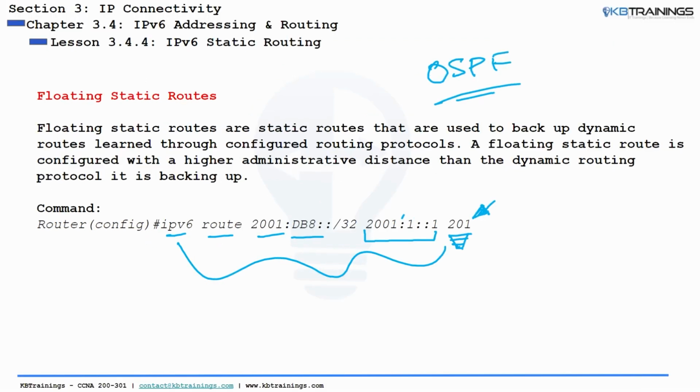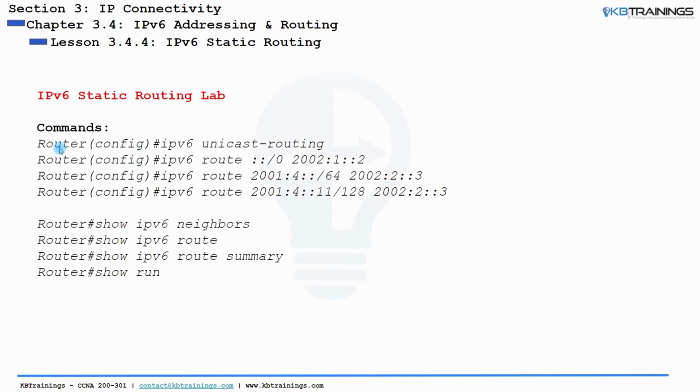The lab itself, this is what we're going to do. We have these different commands because Cisco wants us to know how to configure and how to verify. So we have these two sets of commands. The first set is for configuration. Of course, ipv6 unicast-routing to activate IPv6 routing on your router or your layer 3 device. ipv6 route ::/0.